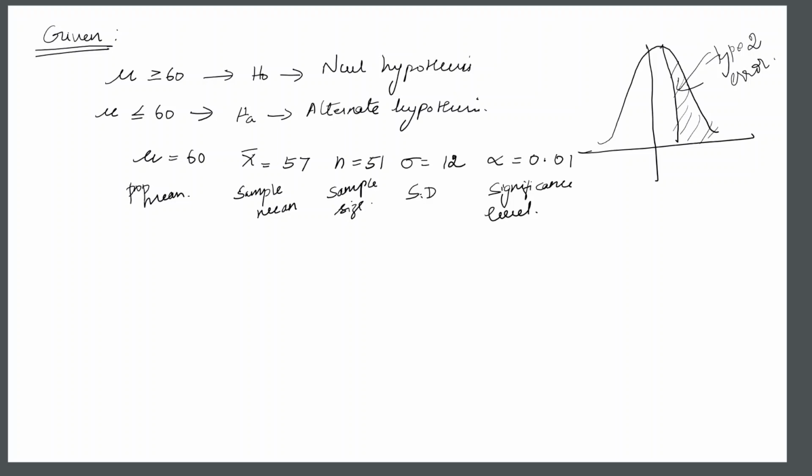Let's solve and find what is the value above which we might fail to reject. Then we will see what the probability will be.